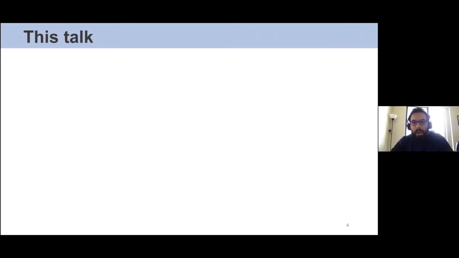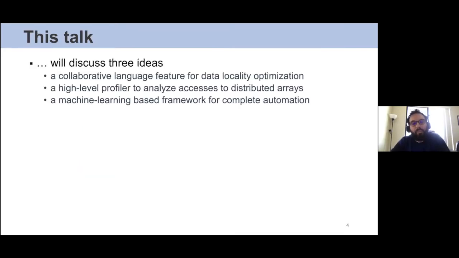So in this talk, I will discuss 3 ideas to try to mitigate these. These 3 ideas will be a collaborative language feature for doing this data locality optimization, a high-level profiler to analyze accesses to distributed arrays, and finally a machine learning based approach that can automate pretty much everything.